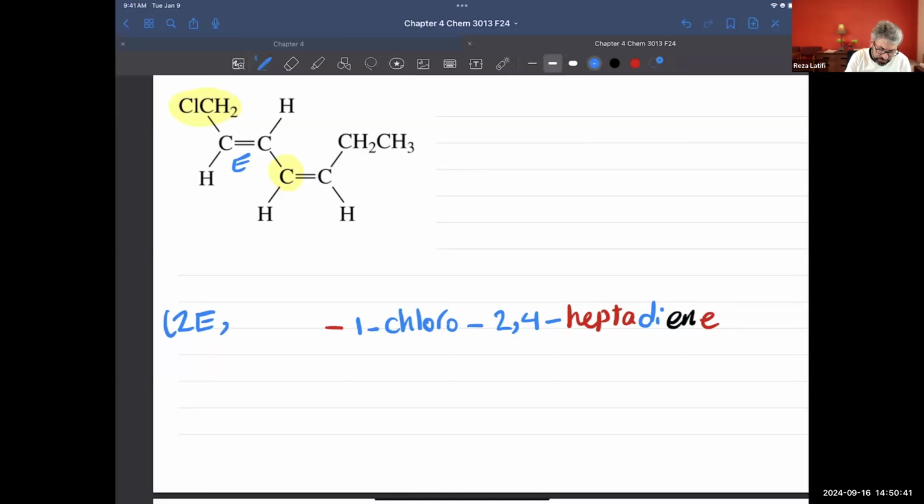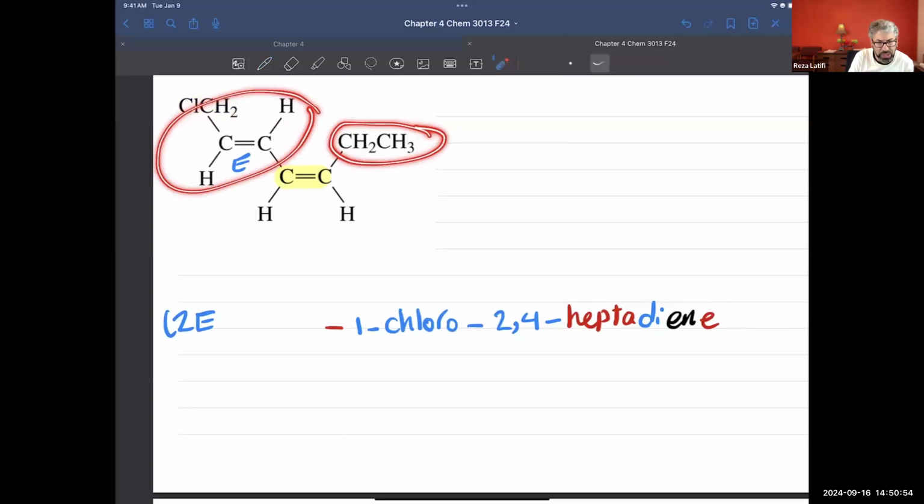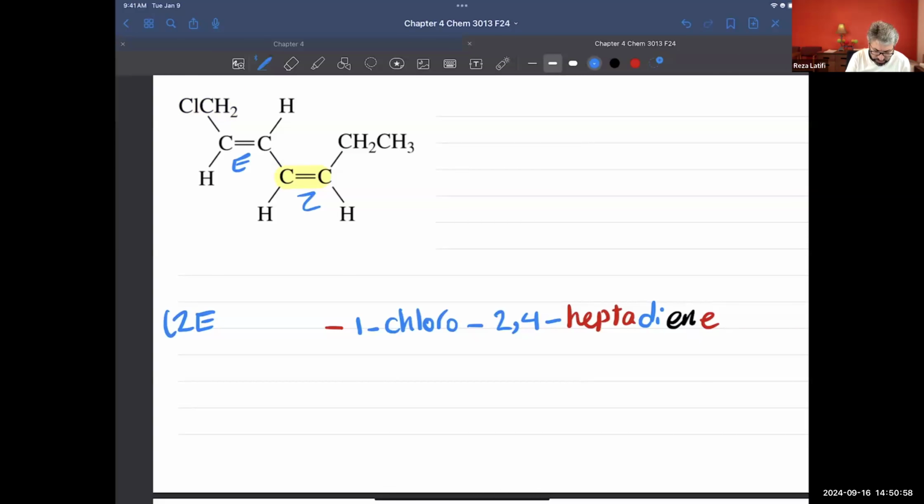Next, erase that, and focus on this double bond. That double bond has one substituent here, and the second substituent is that one. They're on the same side, so this one will be Z. So you say this is going to be 4Z. And that's going to be the full name of the compound.